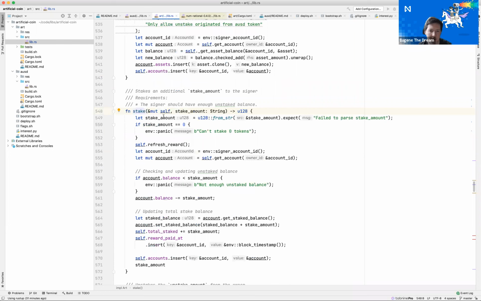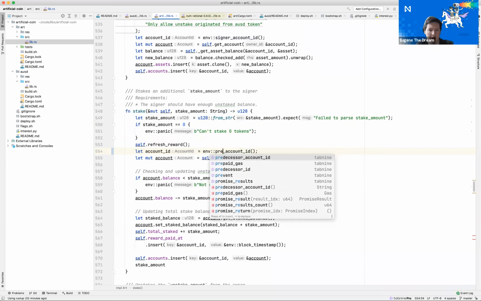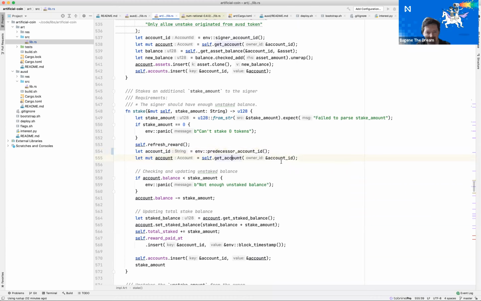Stake takes the stake, refresh rewards. Again, you want to use predecessor here. Get the account ID.